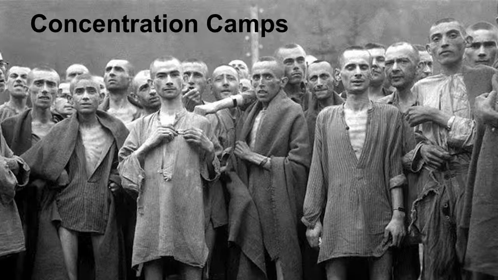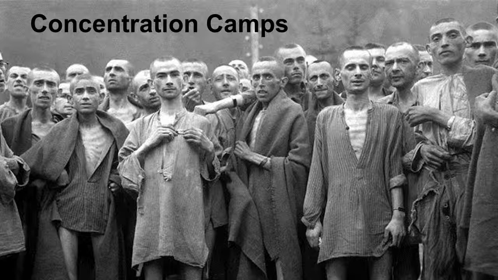As I said before, this is an image as a concentration camp was liberated by Allied troops. There were about 15,000 concentration camps during World War II. So there wasn't just a couple, there were thousands upon thousands, 15,000 in fact. Some were death camps, in which case people were sent there to die.